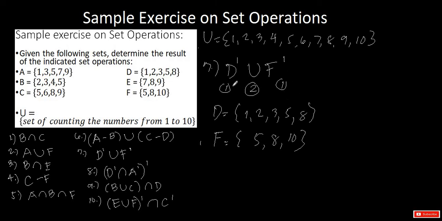So let's perform first the complement of set D. What are the elements of D complement? These are the elements found in the universal set that are not in set D. So the elements of D complement are 4, 6, 7, 9, and 10.